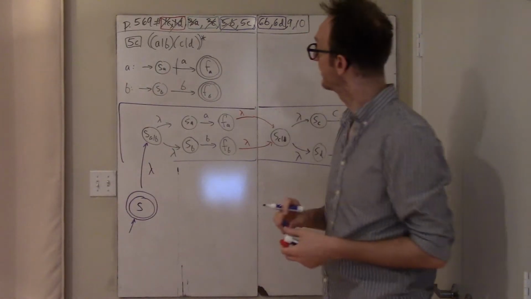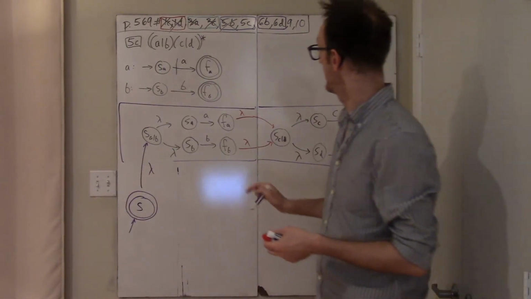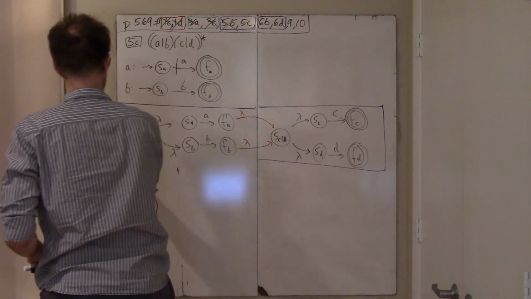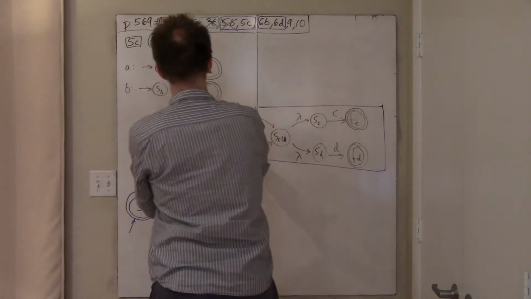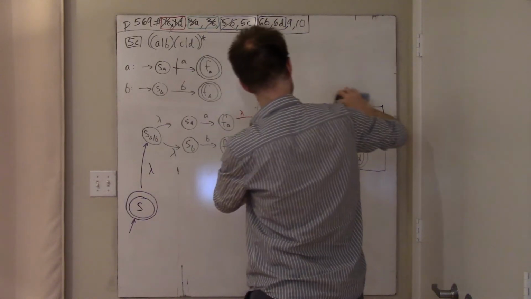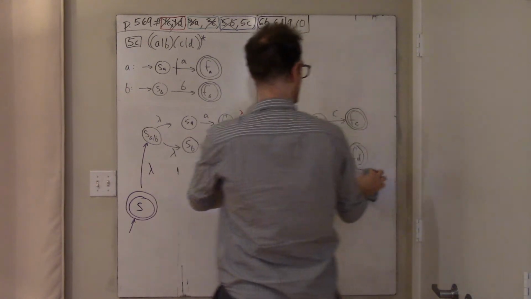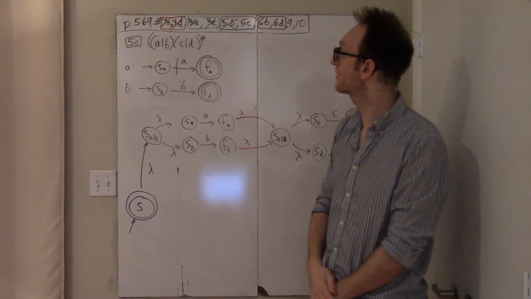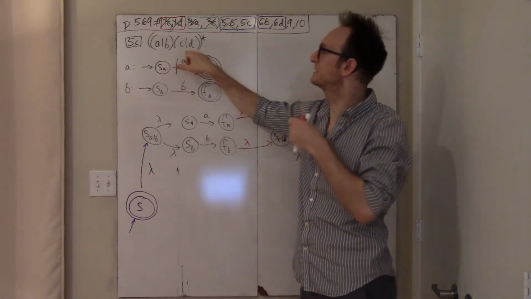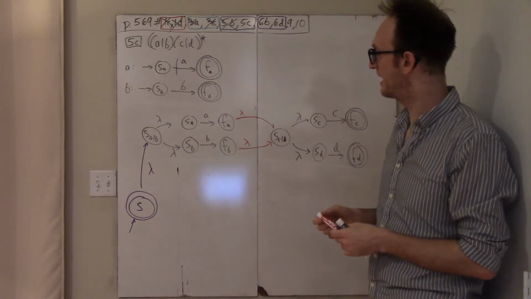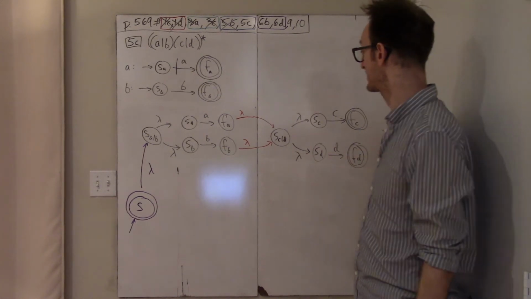And then what makes this actually a star is that you're meant to be repeating this multiple times. And so if you're repeating this, sorry, I'm just going to erase this because I need to go outside of it now. If you're going to be repeating this machine multiple times, then we might only do A or B, C or D once, in which case those should be accept states, but we might have to lambda back to the beginning.